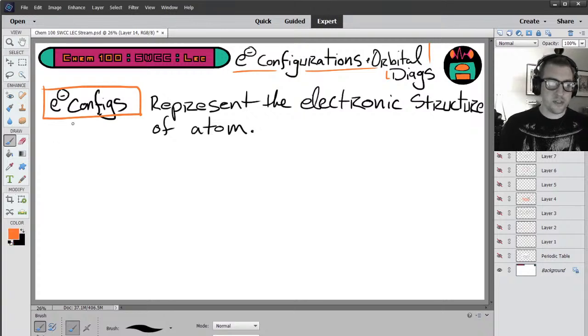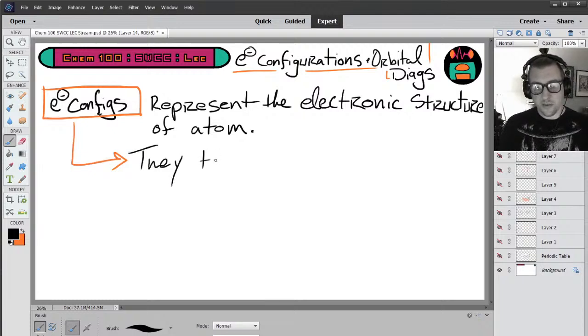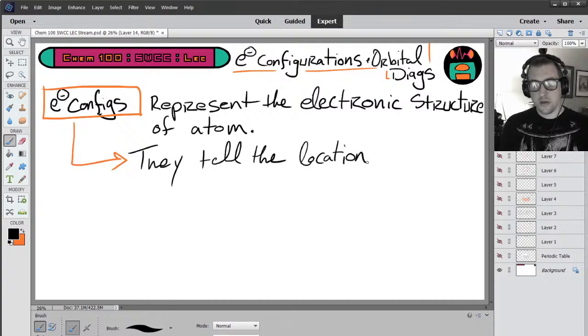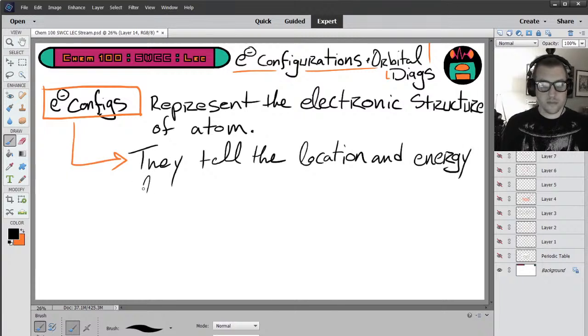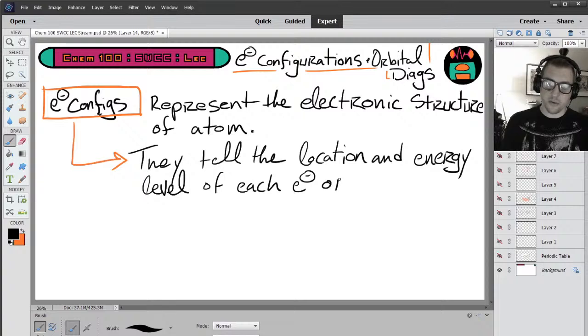In other words, they tell you the location and energy level of each electron orbiting the nucleus.